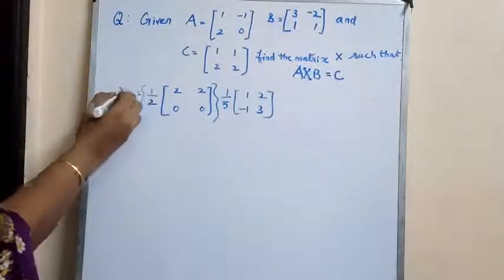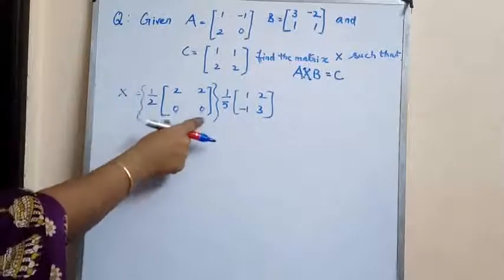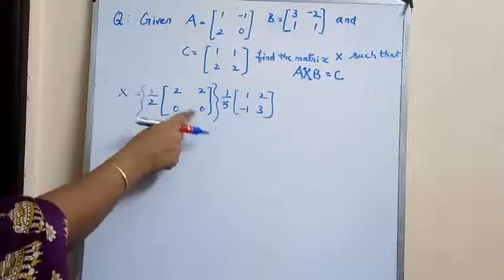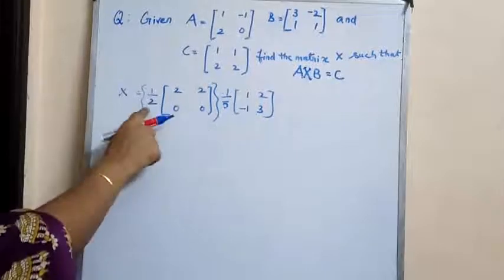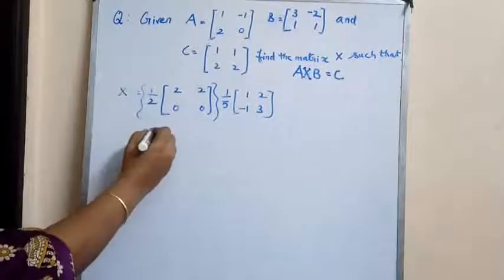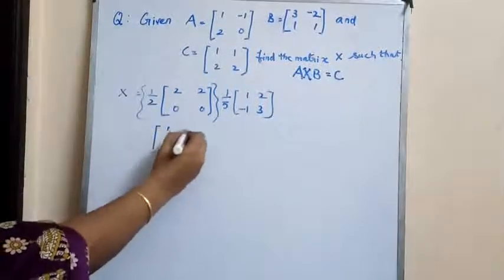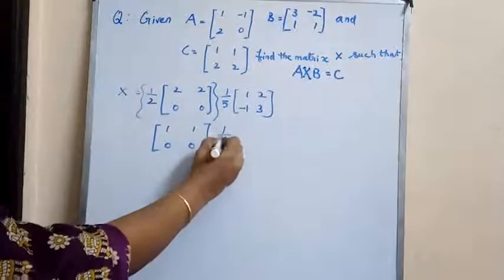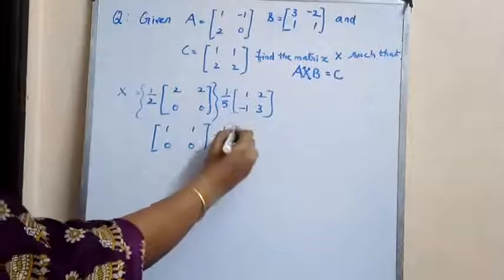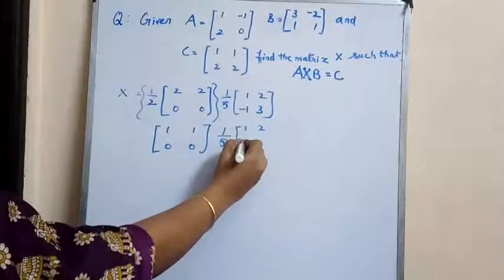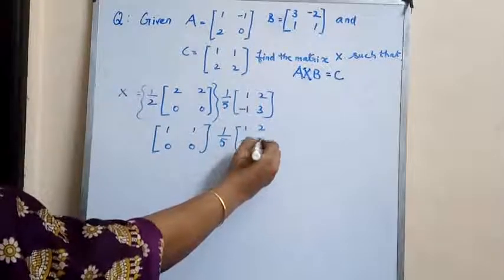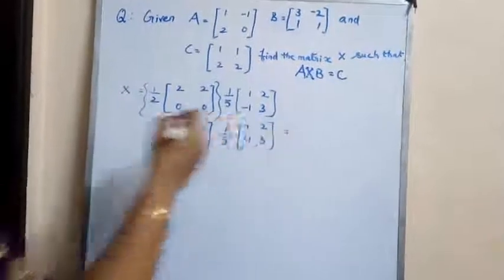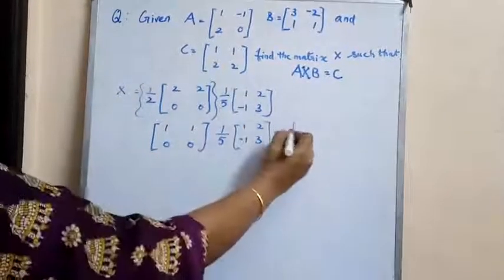So we'll have X is equal to, this is the product of A inverse and C, so 2, 0, 0, 2. This half can be multiplied and you will get 1, 1, 0, 0 into 1 by 5. This is B inverse, so we have to multiply it with B inverse now. So 1 by 5 can be taken outside.